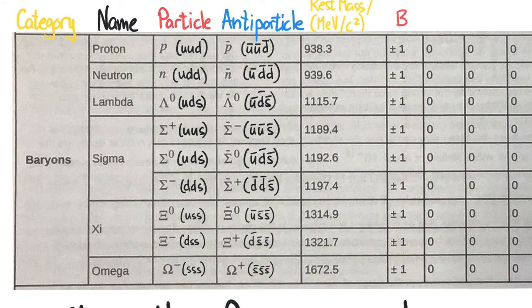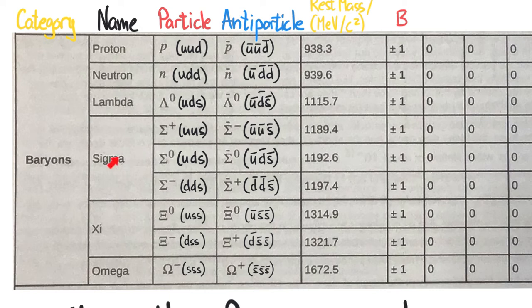Now, ones that are unusual that we haven't come across are, for instance, the lambda 0 and the anti-lambda 0. And we can see that here you've got UDS, an up, a down, and a strange quark, and the anti-lambda 0 has got the same composition, but of antiquarks. That's why it's an antiparticle.